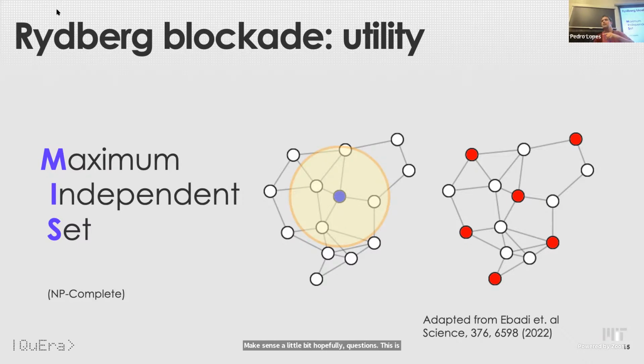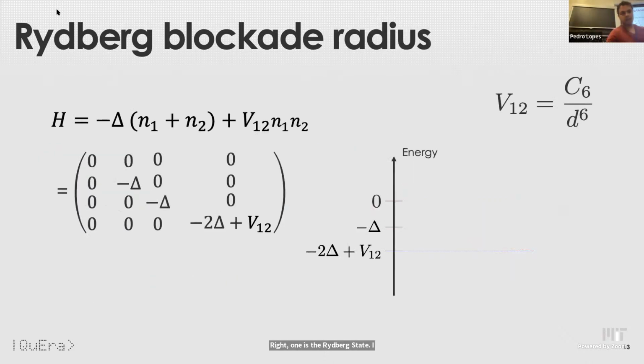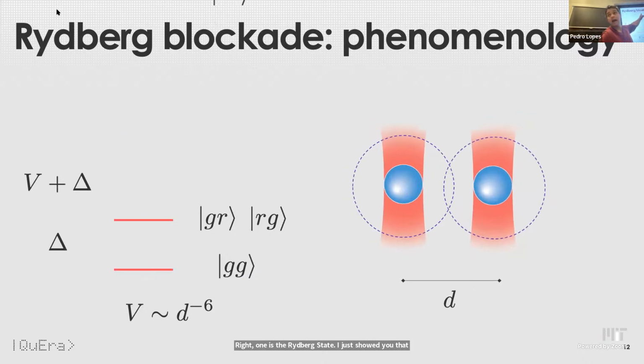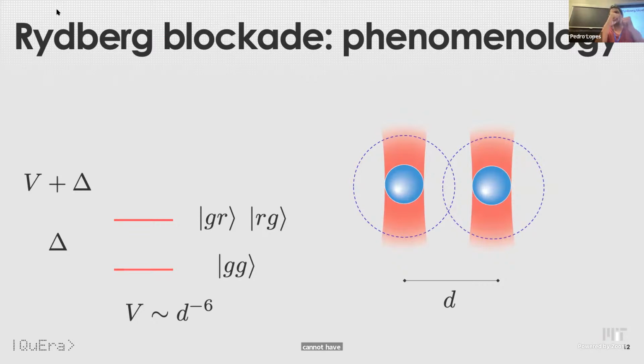Sorry, can you repeat that last bit? Yeah, absolutely. So let's encode these vertices so that 0 means ground state, white, and 1 is the Rydberg state. I just showed you that when my Rydberg states are too close to each other, they cannot both be excited at the same time.